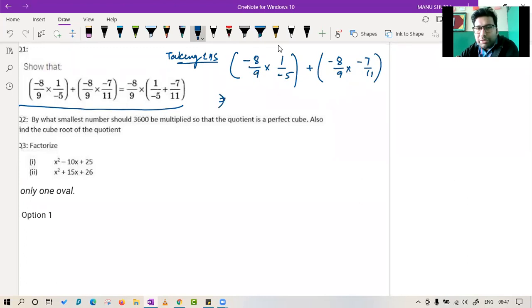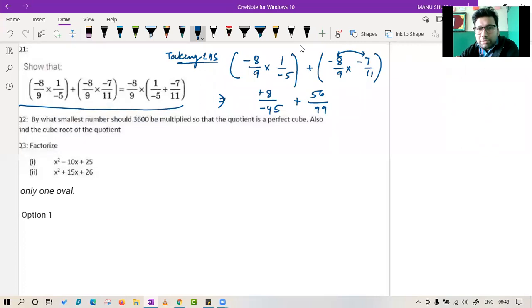So class, we can solve this left hand side, and it will give us 8 into 1 is 8 only, 9 fives are 45, plus minus 8 into minus 7 is what, class? Minus 8 into minus 7 is plus 56 upon 99.